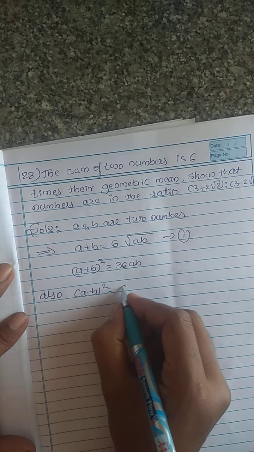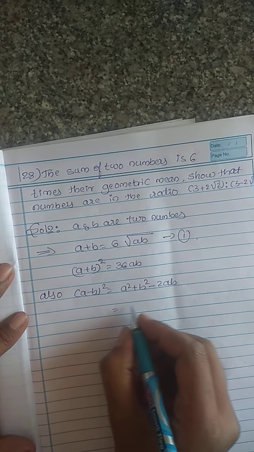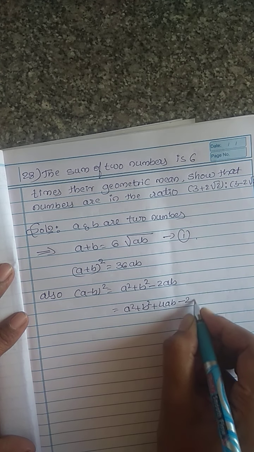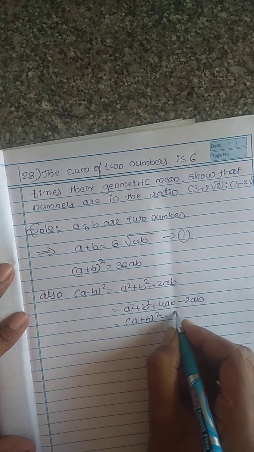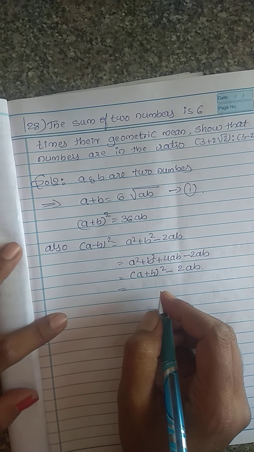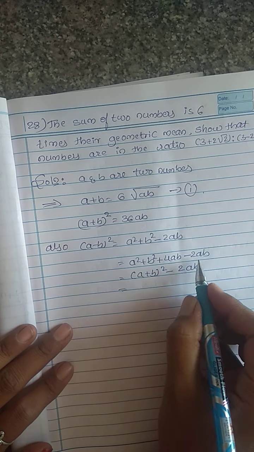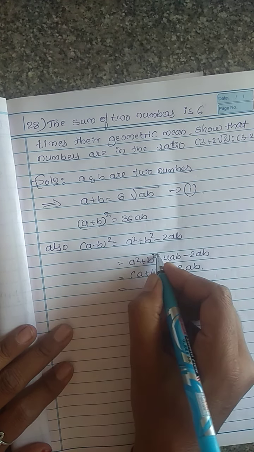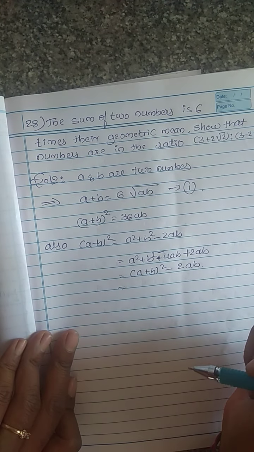That value is nothing but a square plus b square minus 2ab, or you can write this as a square plus b square plus 4ab minus 4ab minus 2ab, or you can write (a plus b) whole square minus 4ab.